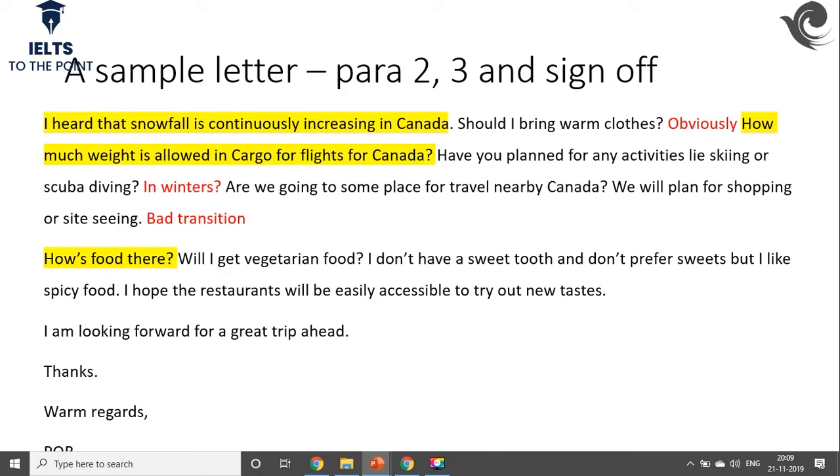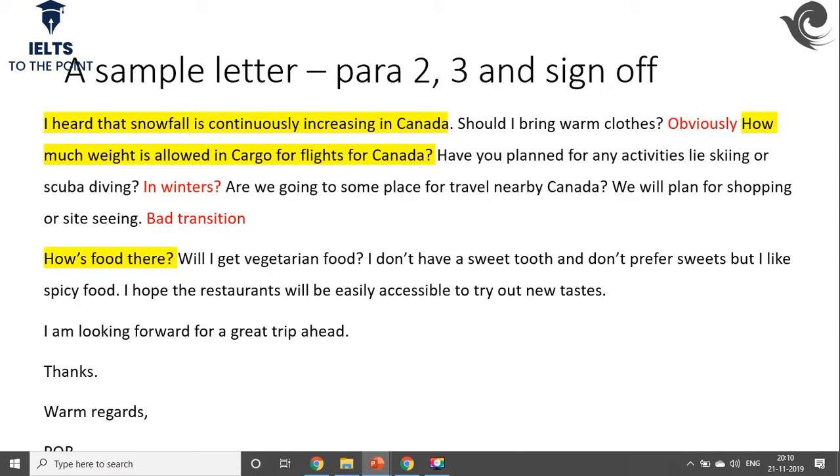That's a very dangerous statement, and if it is true, then it's a dangerous scenario as well. First of all, you just talked about homemade sweets and directly you jump onto the weather in Canada. Second, if the snowfall is continuously increasing, from a grammatical point of view, it means that it is not going to stop very soon. And if it is increasing every day, then that's an issue.